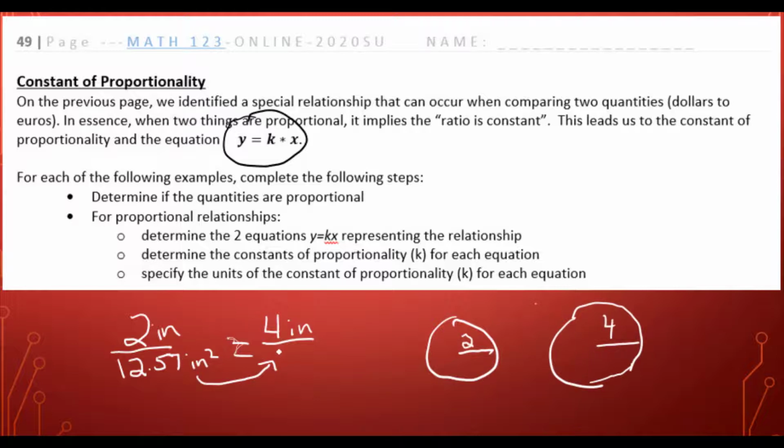Is that true? So is this going to be 25.14 square inches, because it's area, right? Radius of a circle to its area. Are they proportional? Do they form a proportion? Well, think about it, right? When I double the radius, do I double the area?